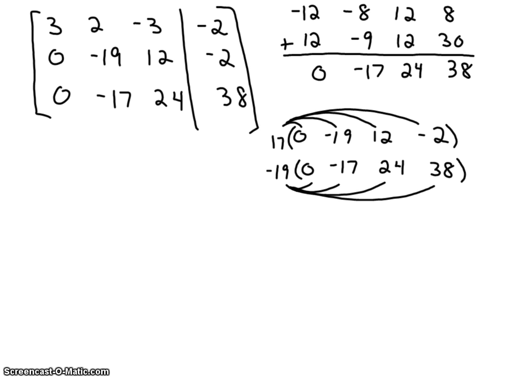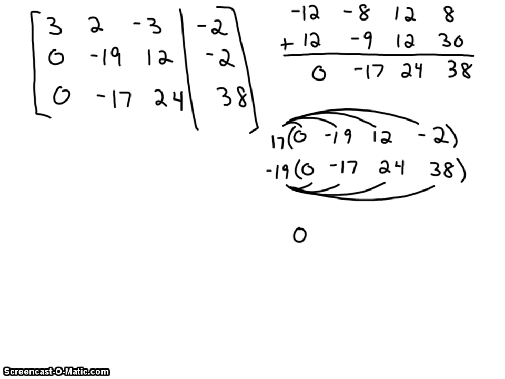Okay, a +17 times the -19 will result in a negative value. The -19 times the -17 will result in a positive value. So just watch what happens here. 17 times 0, 0. Now that's the beauty of getting rid of those x coefficients first and getting 2 zeros in that first column, because now no matter what you multiply, it's going to be a 0.